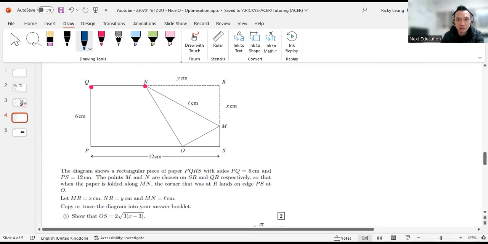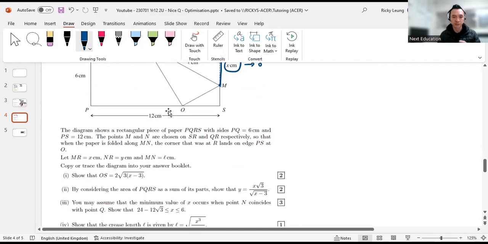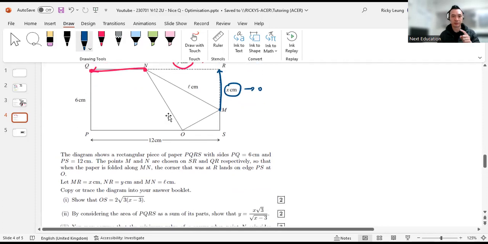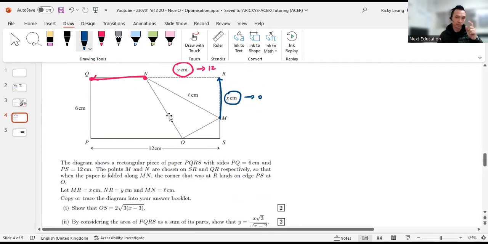Does it make sense that as this point here goes up, this point here goes here? So as y approaches 12, x approaches 0, right? That's what it's trying to say. The minimum value of x occurs when y goes to q, or when y goes to 12.